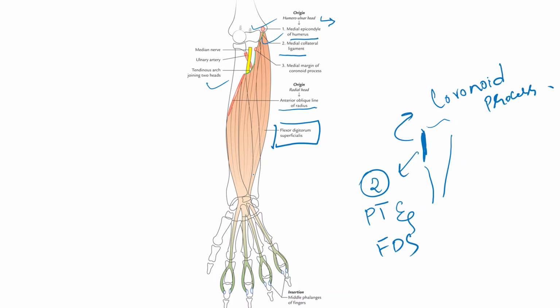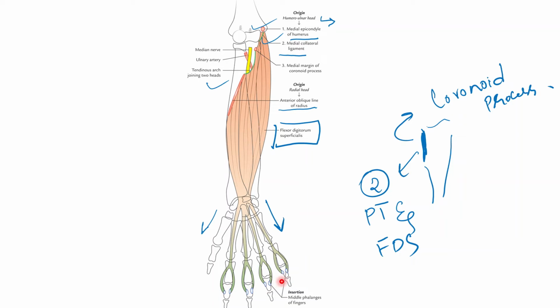This muscle from its origin descends down, and at the level of the wrist, that is just above the wrist, the tendinous muscle divides into four tendons. It divides into four tendons for the medial four digits. Each tendon passes through the corresponding digit, where at the level of the base of the proximal phalanx, each tendon divides into two slips and crosses the proximal interphalangeal joint and gets inserted on either side of the middle phalanx.